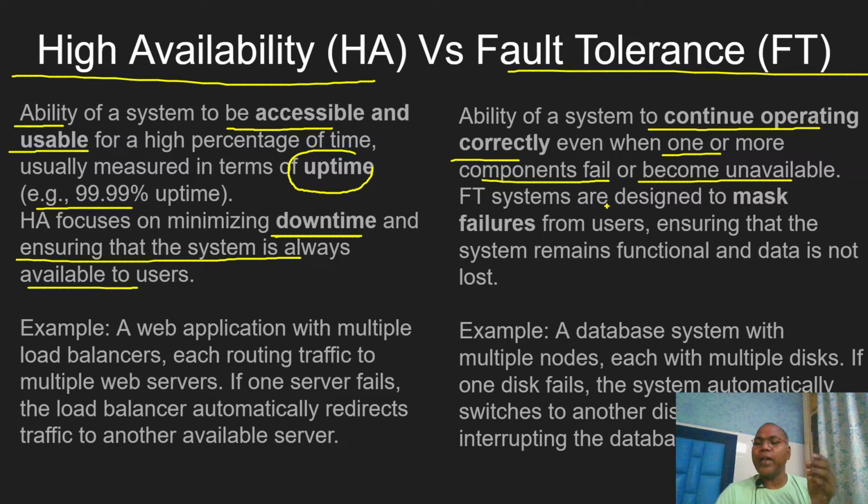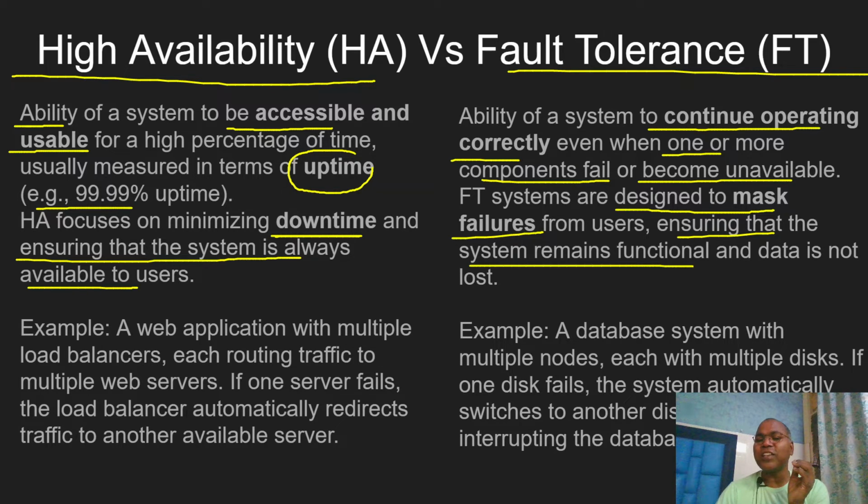Generally, whatever unwanted failure or error happens should be masked from the user, who may not even be aware that a failure happened, ensuring the system still functions and data is not lost.